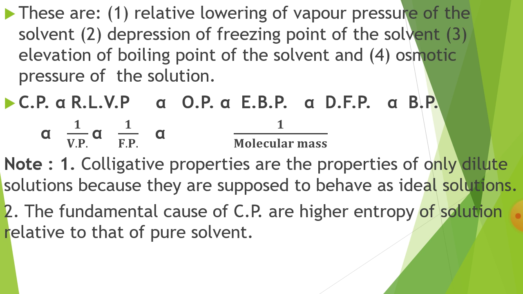The colligative properties also relate like this: directly proportional to relative lowering of vapor pressure RLVP, directly proportional to osmotic pressure OP, directly proportional to elevation of boiling point EBP, directly proportional to depression in freezing point DFP, directly proportional to boiling point, and inversely proportional to vapor pressure, that is, the more the number of particles, the less will be the vapor pressure. This I have told you in the lecture for vapor pressure.